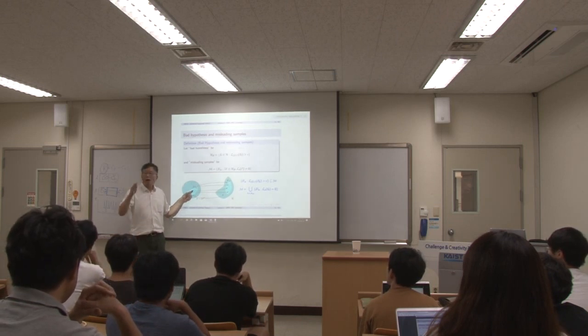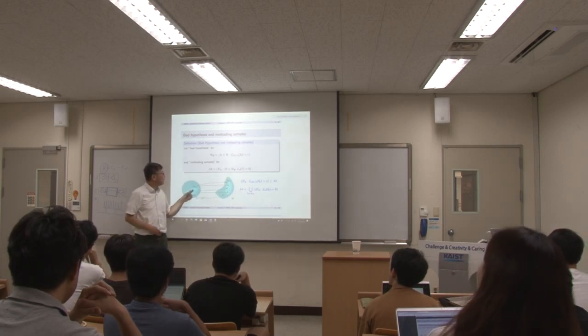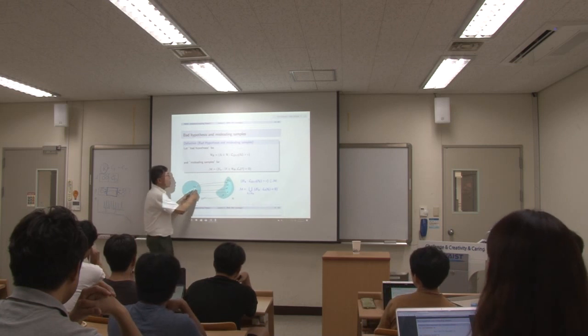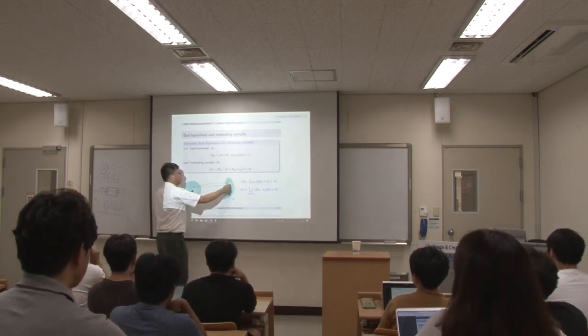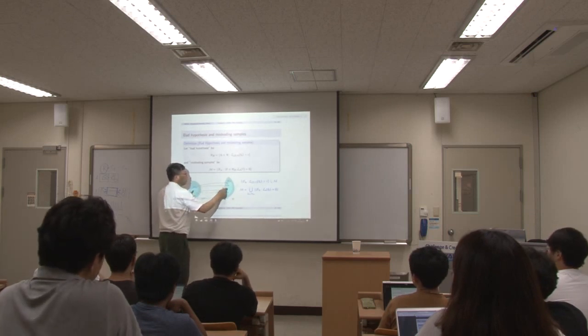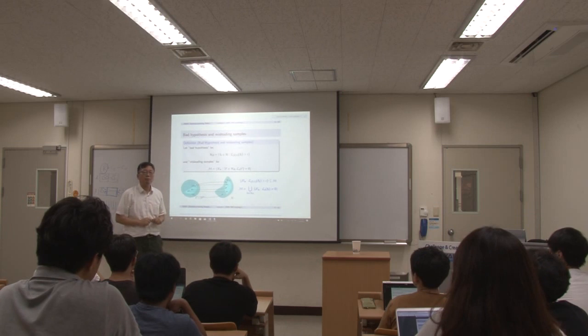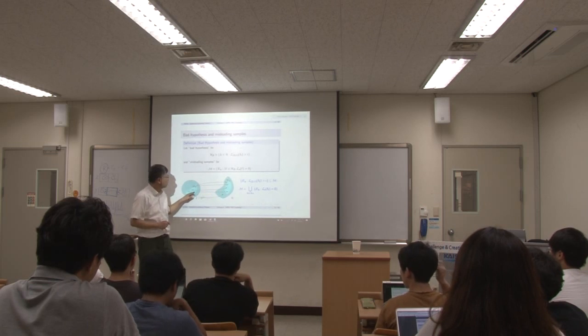And I have my hypothesis space. Based on this training data, I'm going to try all the functions here, and I'm going to choose one that minimizes my ERM. And it maps to that. For each point, that's this link.